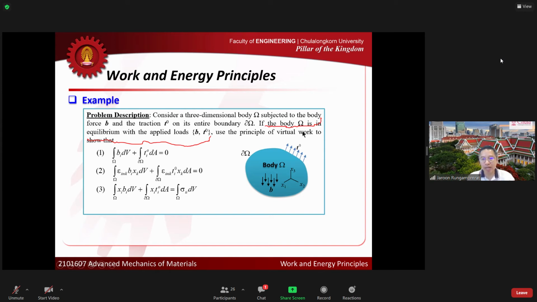The principle of virtual work just tells you that the equilibrium condition of the body and the virtual work equation are equivalent. Now I know that the body is in equilibrium, so it implies that the virtual work equation is satisfied for any choice of the virtual displacement. So if I pick the appropriate virtual displacement, I can prove all 3 easily.